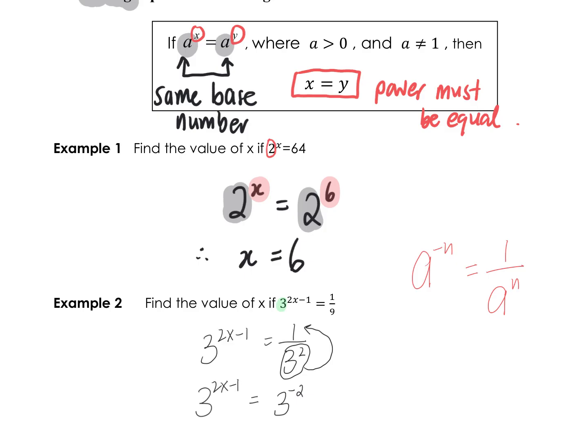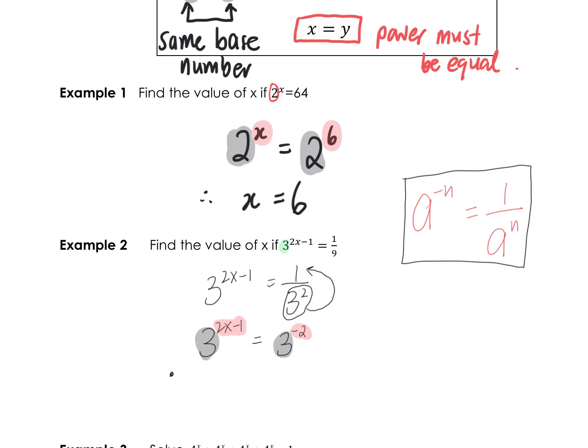Too much? This is just this law. Bring the base up to the ground floor and change the power to negative. So now I'm happy that the base number is the same. So the power must be equal.